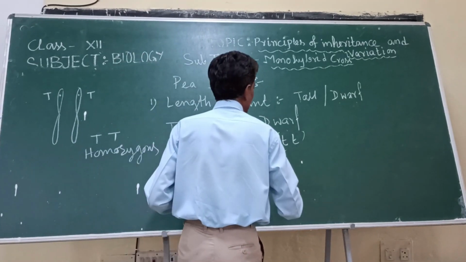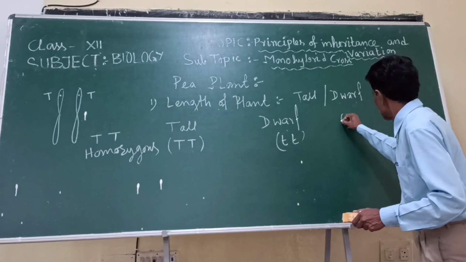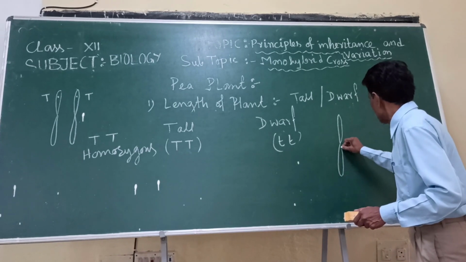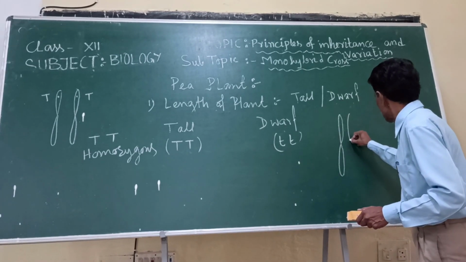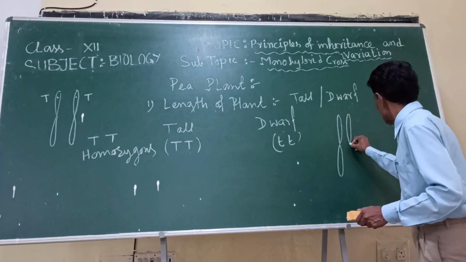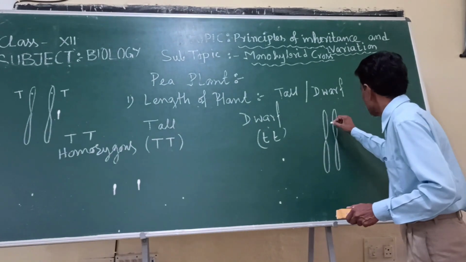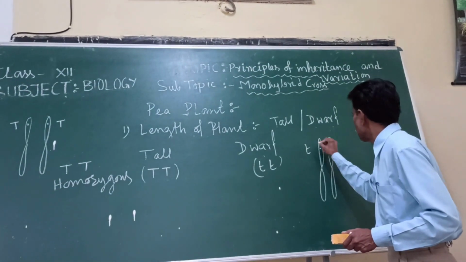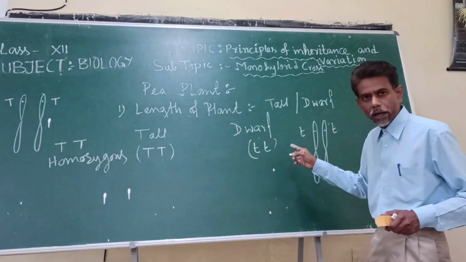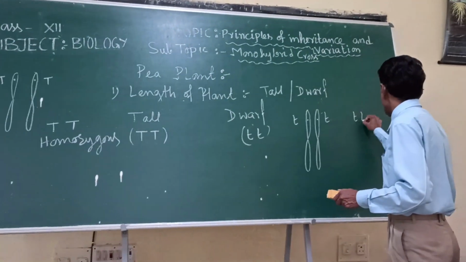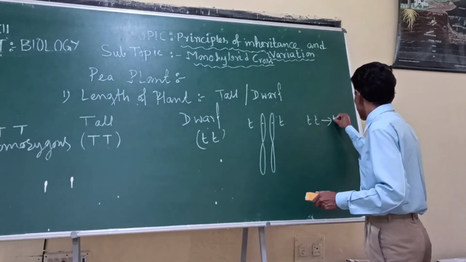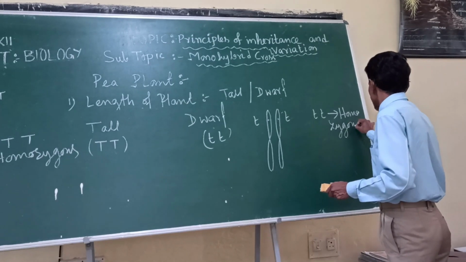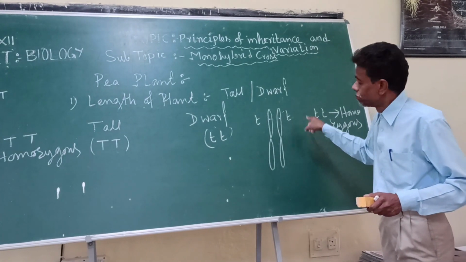In this pair of chromosomes, if the character governing gene is small t, the dwarf character, then we call small t homozygous for the character dwarfness.